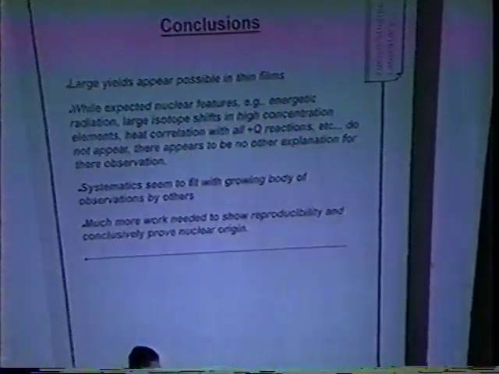So let me conclude by saying that these large yields that appear possible in thin films represent a way of quantizing the experiment, because it is possible to do fairly accurate mass balances on the products to find out if one is actually producing more than had been there to begin with as impurities.